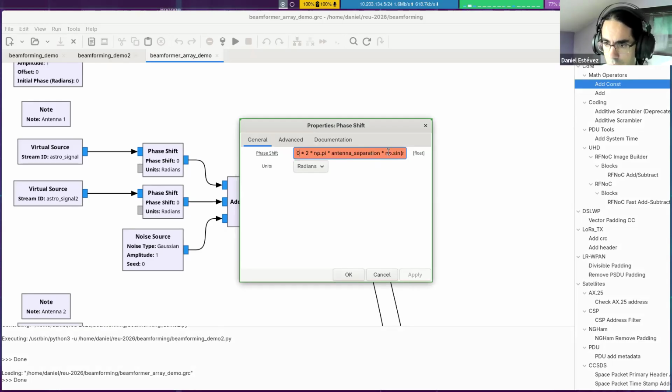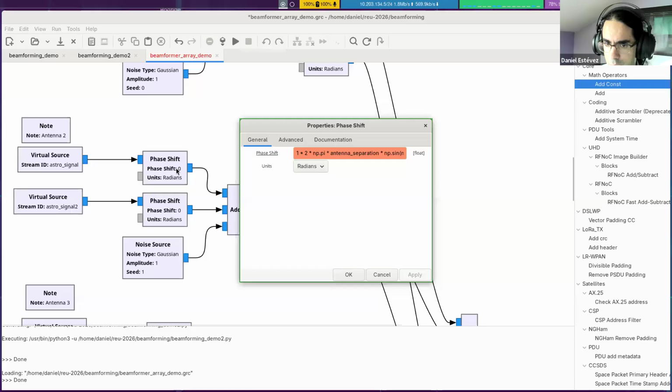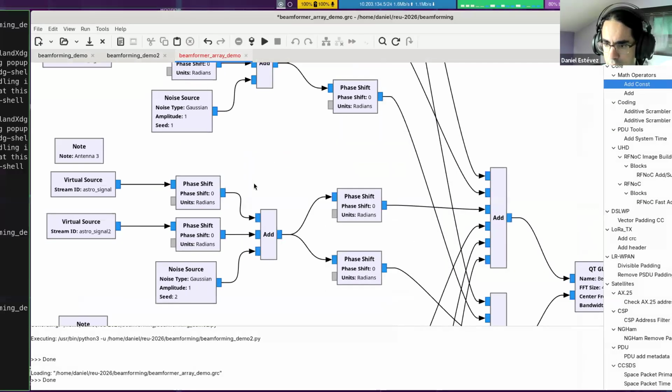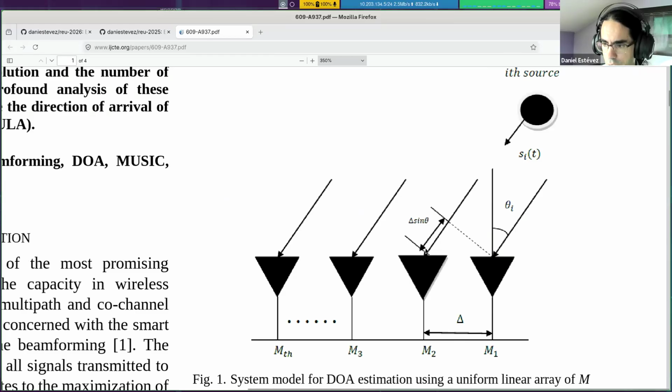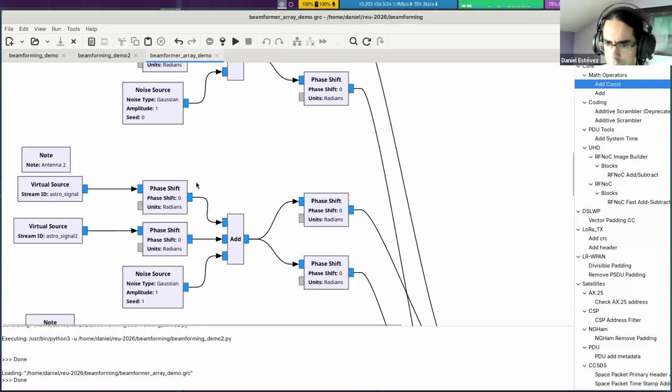It's silly because it's 0 times something. But you can see if I go to antenna number 2, then I have 1 times the same quantity. Antenna 3 has 2 times the same quantity, and the quantity is just this delta sine of theta that appeared on the diagram. So this one gets 0 phase shift, this one gets delta sine of theta, 2 delta sine of theta, 3 delta sine of theta. So that's the thing I'm doing.